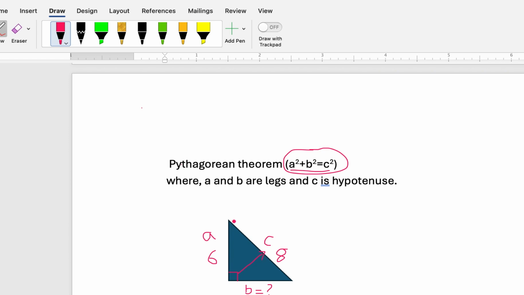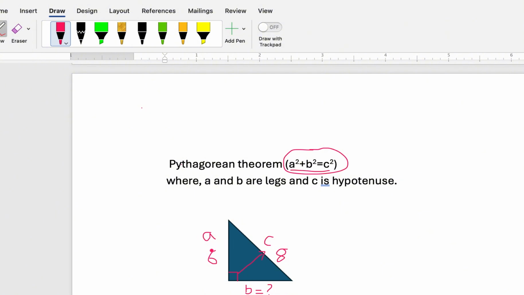Over here these two legs are perpendicular to each other, so I know they are 90 degrees, and if I go across, in the opposite direction, I'm going to see this length 8 is the hypotenuse. It's always opposite of that 90 degree angle. So the first thing I need to do is recognize my hypotenuse, and that's going to be my letter C. Then the rest is going to be my A and B.